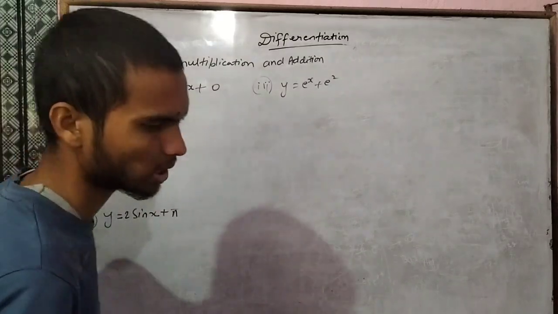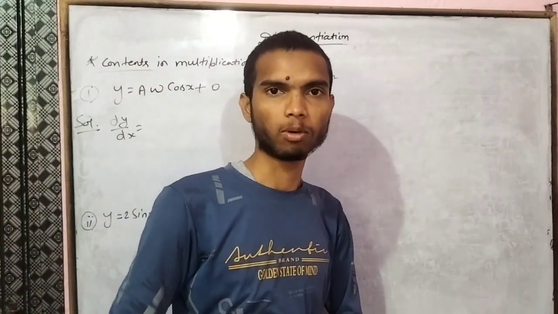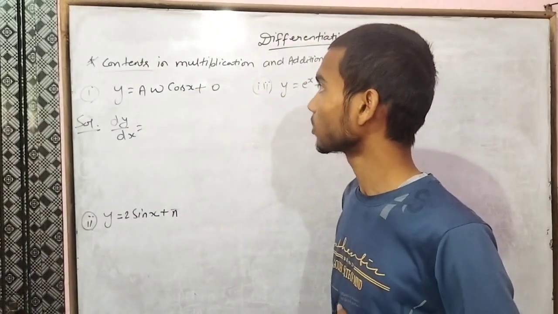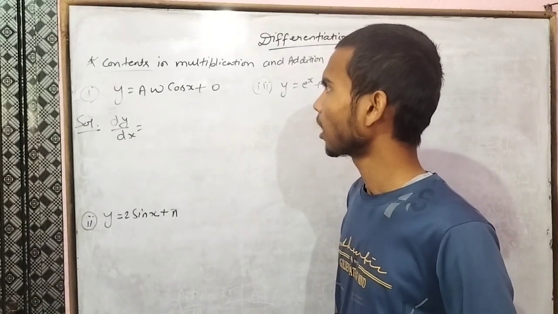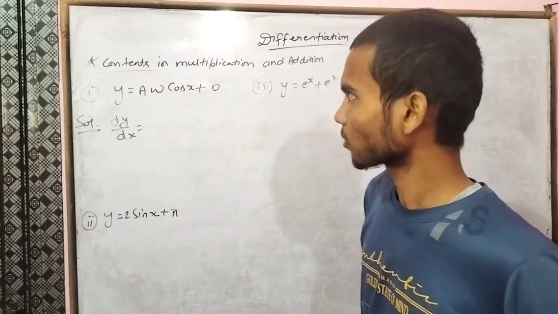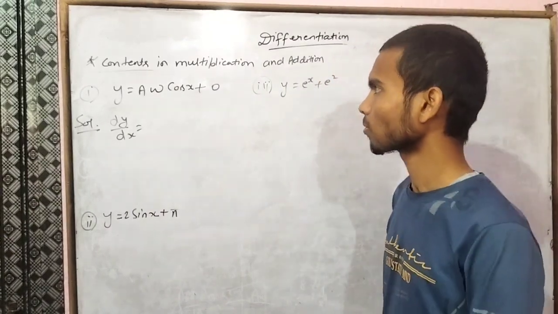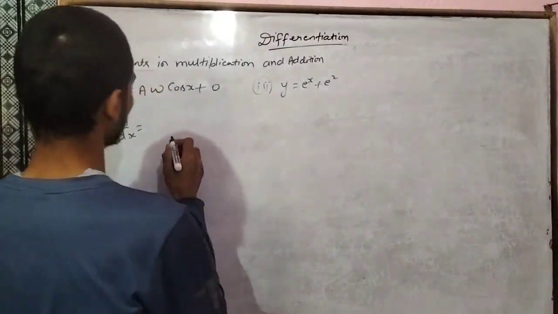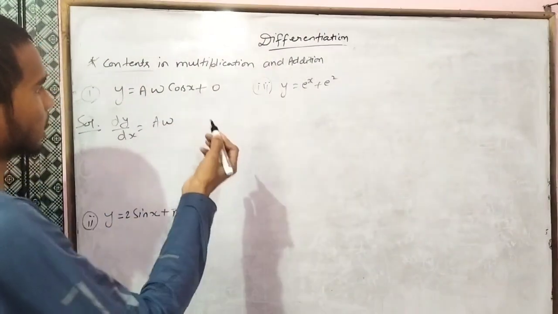Now, first of all, this a is what? a is a number. w is also a number. And cos x. And the 0 is already a constant. So a w will be written as it.